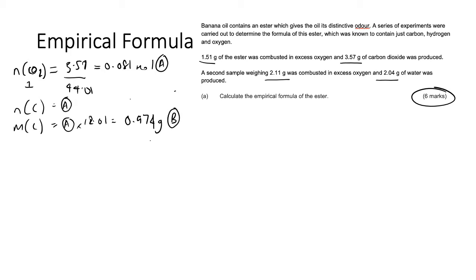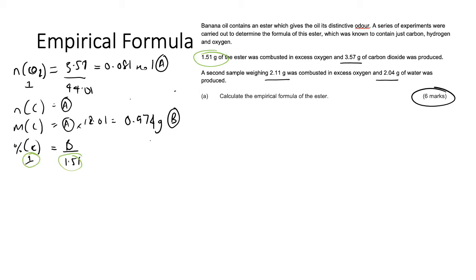Then what I need to do is work out how much of this first sample, that 1.51 grams, is carbon. So I need to work out the percentage of carbon from sample 1, as B over 1.51, which is that mass over here from sample 1.